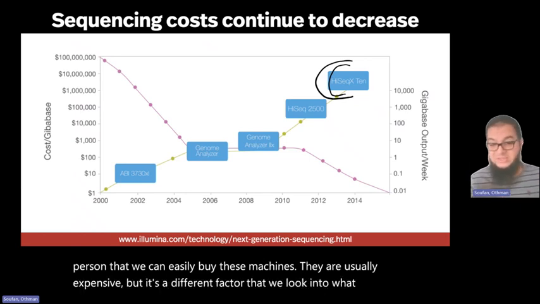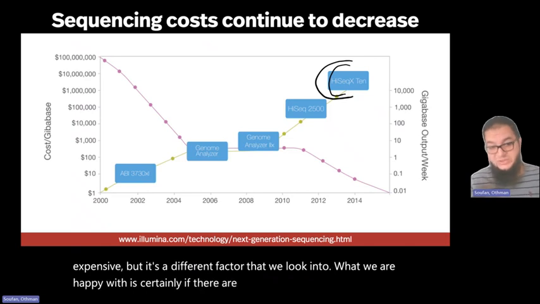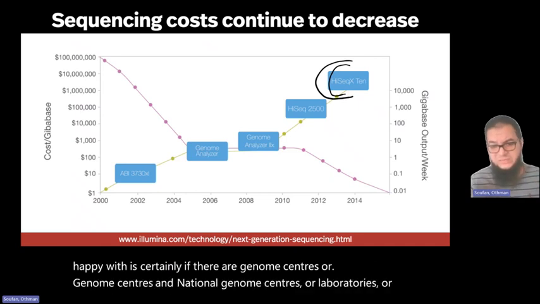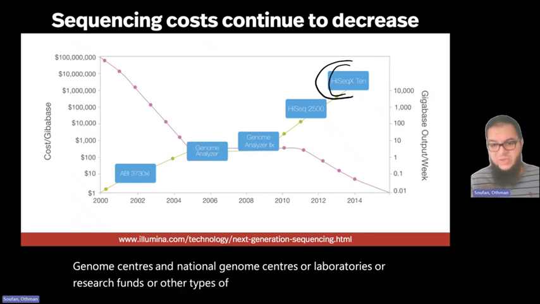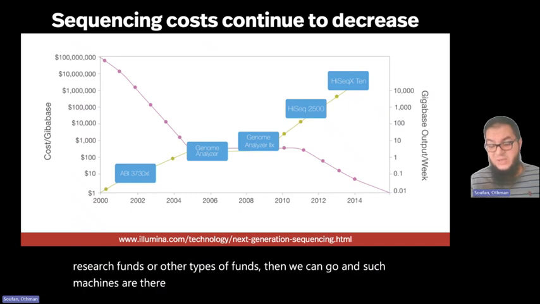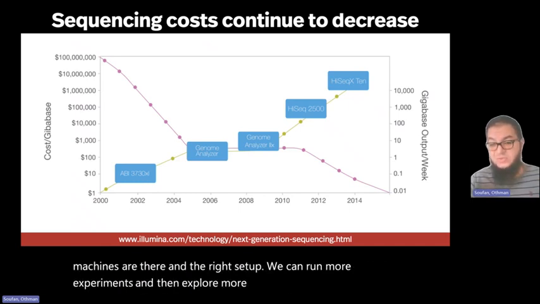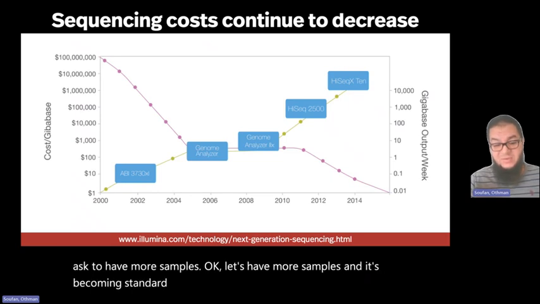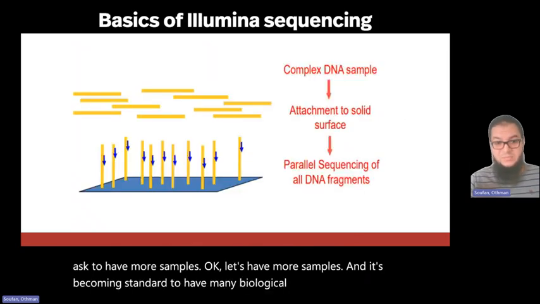What we are happy with is certainly if there are genome centers, national genome centers, laboratories, research funds or other types of funds, and such machines are there with the right setup, we can run more experiments and explore more. It is now not too difficult to ask to have more samples, and it's becoming standard to have many biological replicates.